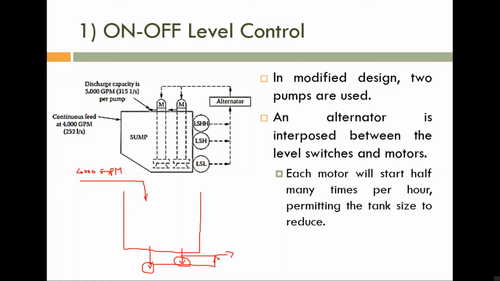So this is pump 1. This is pump 2. So here the discharge capacity of each pump is 5000 gallons per minute. 5000 gallons per minute each pump.